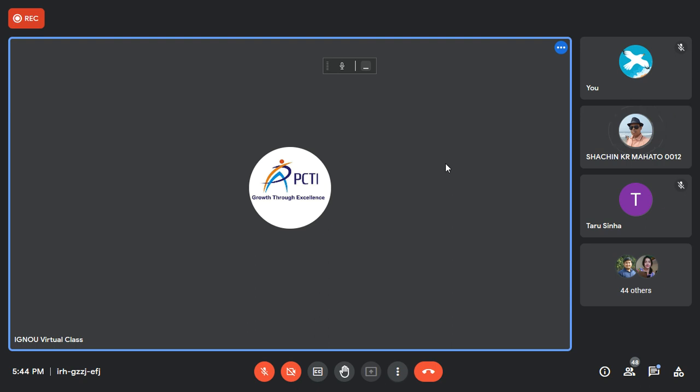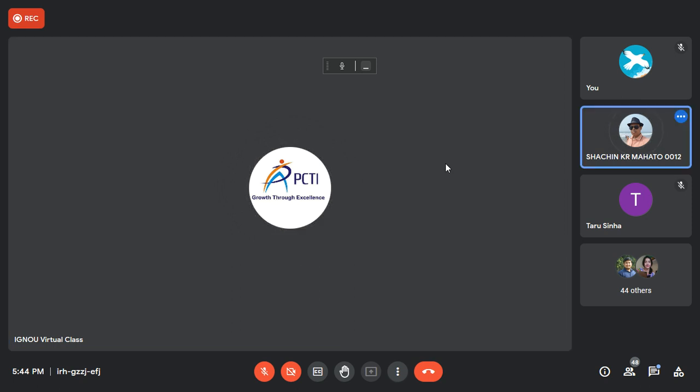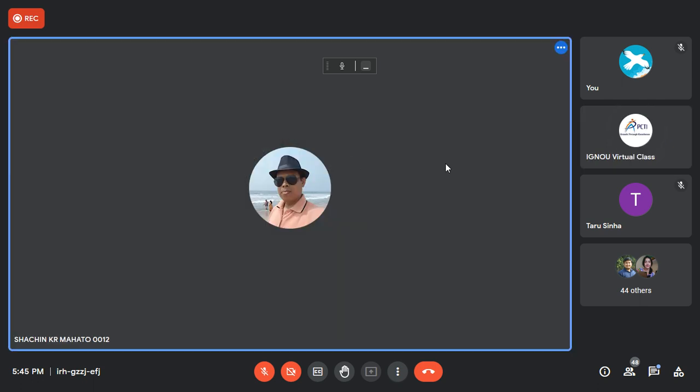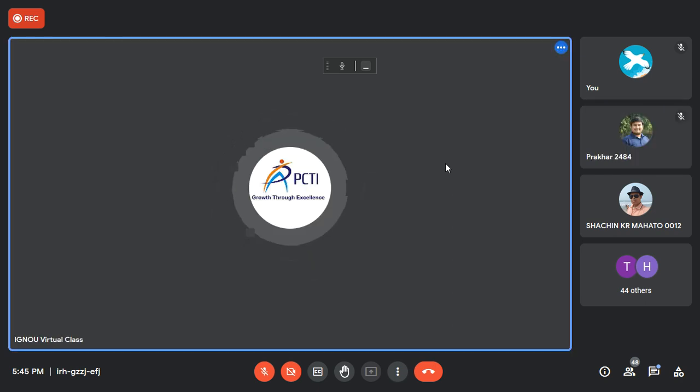Move to the next block, that is block number 3, unit number 1. Kruskal and Prim's algorithm. Dijkstra and Bellman-Ford algorithm.